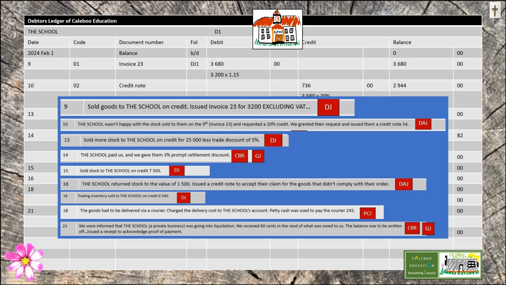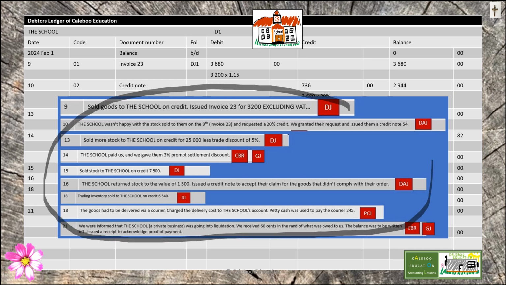So let's move on. Before I look at the documents, I've just put in front of us a little bit of information. I've taken all the transactions for the month of February that relate to the school, and all this information was taken on a daily basis to the account of the school in the debtors ledger of us.